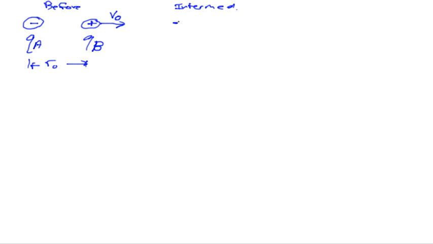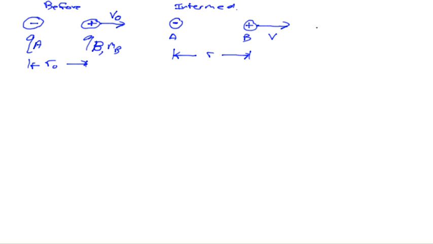Here in the intermediate picture, I'm going to have them be a distance, this is A and B again. This one's got a mass, MB. There'll be a distance R apart. And this one will be moving with velocity V.